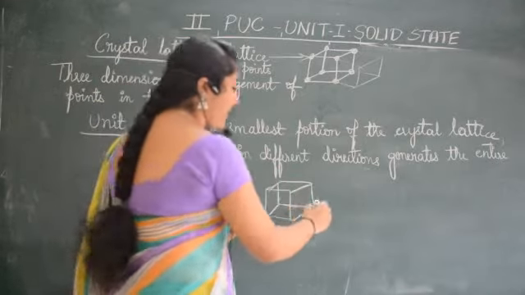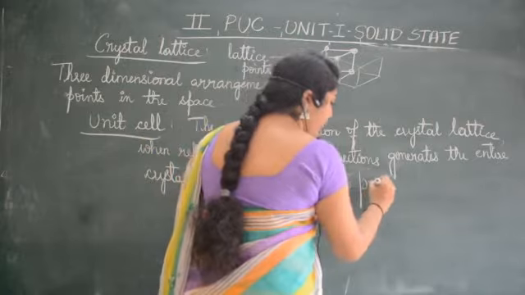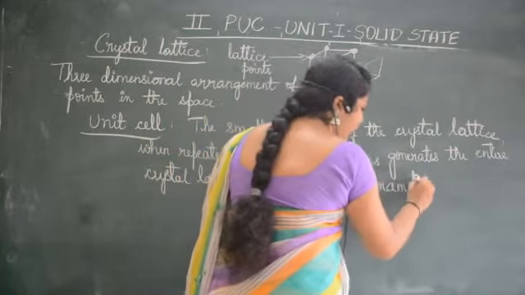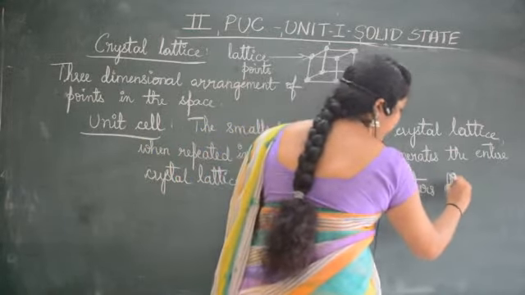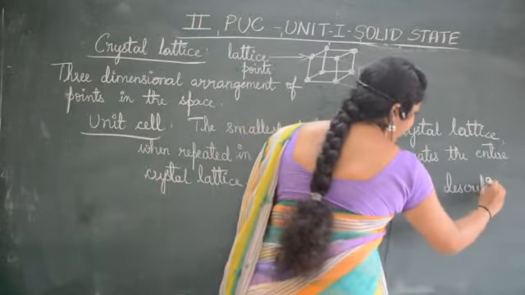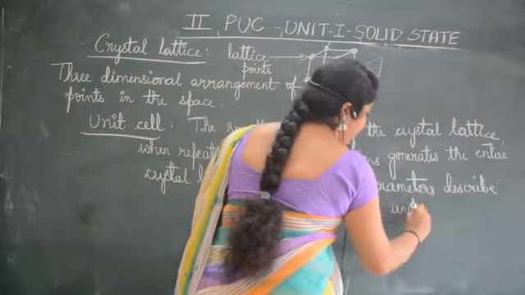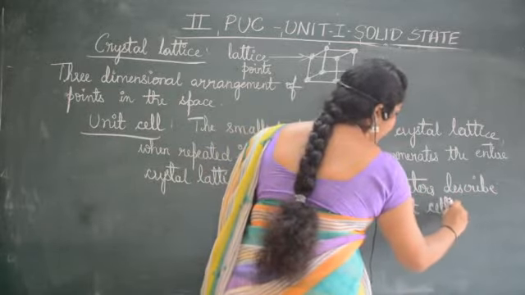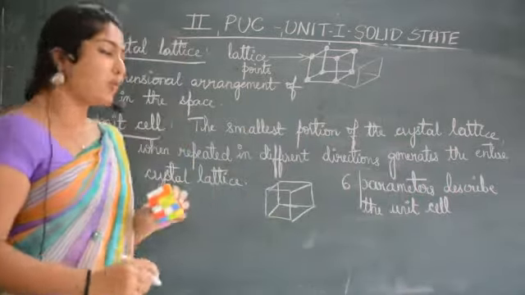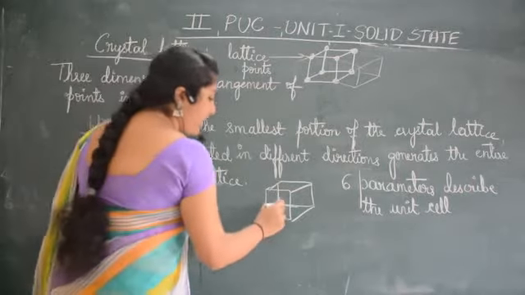There are 6 parameters that describe the unit cell. Which are those 6 parameters, you know?